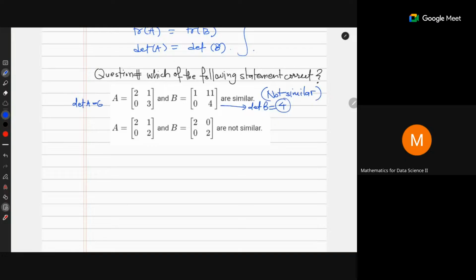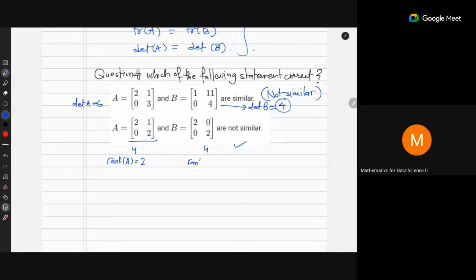All right. But in this case, now look at this example. The determinant of A is 4. The determinant of B is also 4. So the determinant is matching. What about the rank? It is a 2 cross 2 matrix, and the rank is also 2. Rank of A is equal to 2.